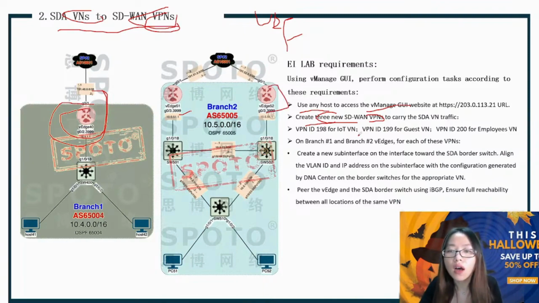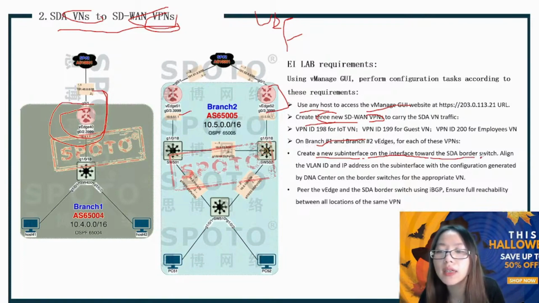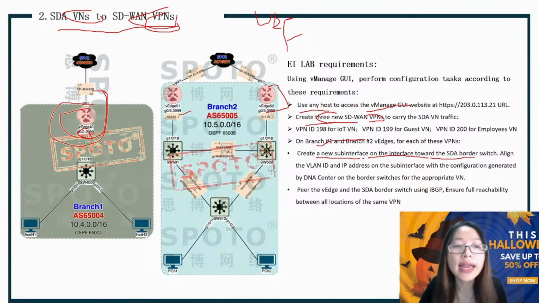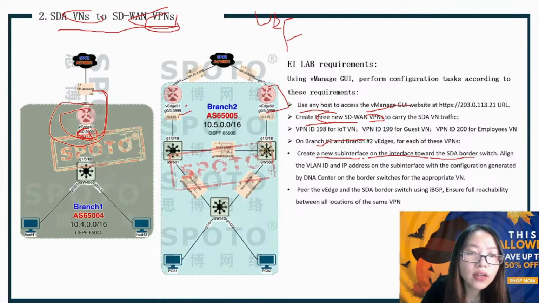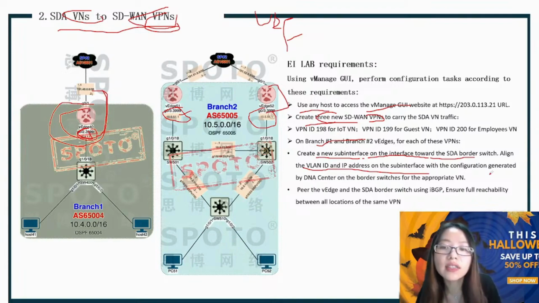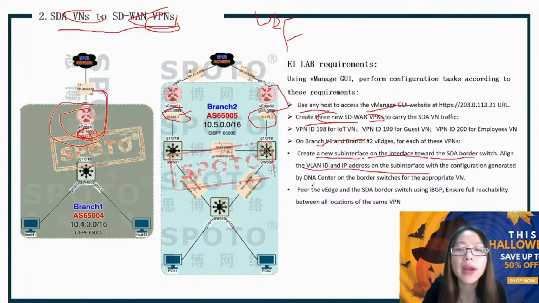Okay, so on branch 1 and branch 2, we need to create a new sub-interface on the interface toward the SDA border switch. Okay, we need to create the sub-interface under the VH in this interface, and this VH51 is this interface, and align the VLAN ID and the IP address on the sub-interface with the configuration generated by DN center.